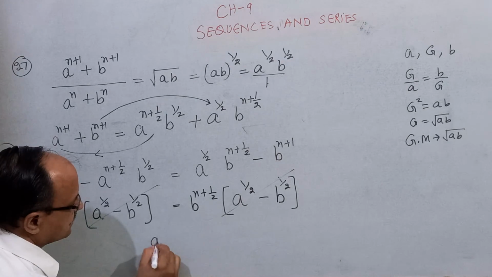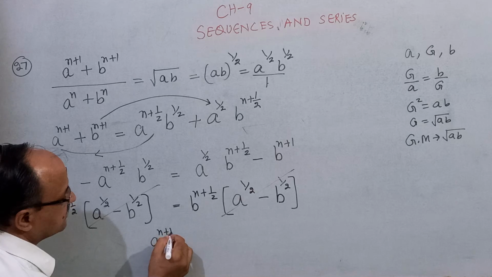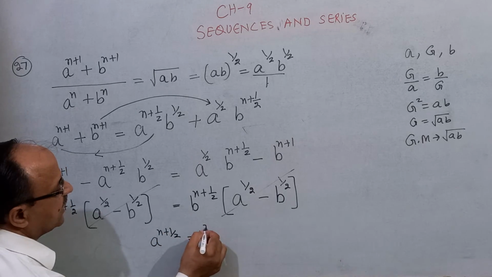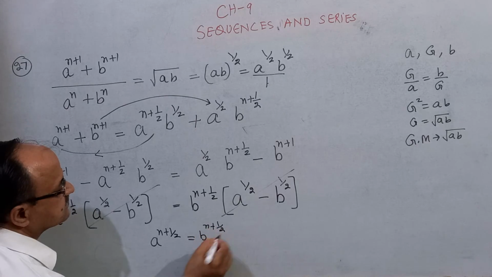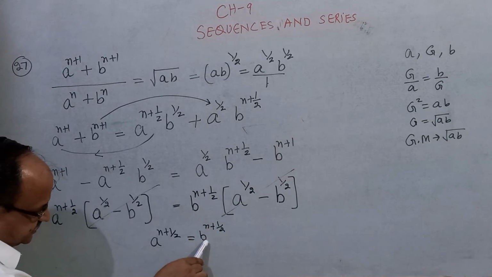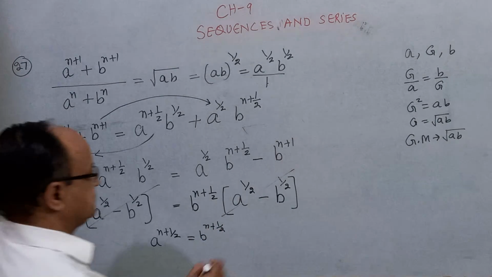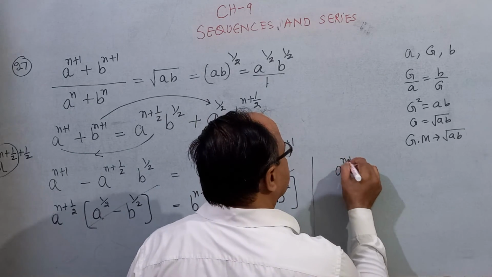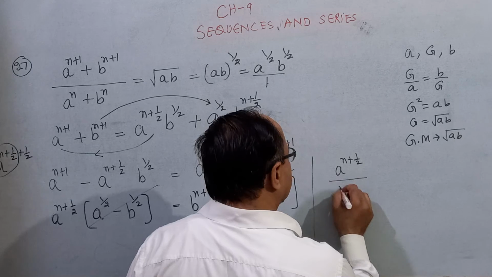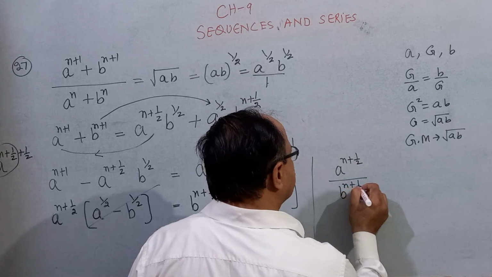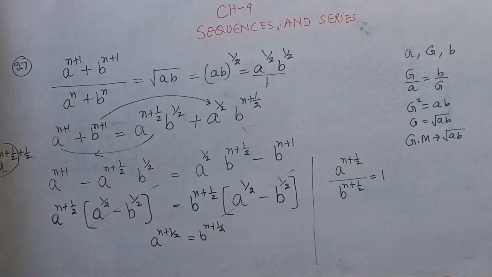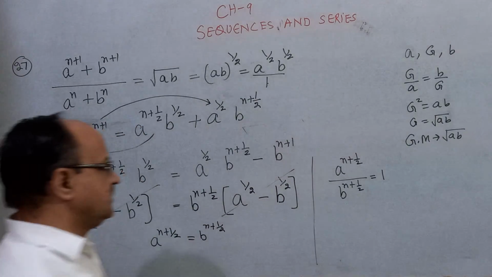Therefore, you can say a to the power n plus 1 by 2 is equal to b to the power n plus 1 by 2, and shift this term to the left hand side. Therefore a to the power n plus 1 by 2 upon b to the power n plus 1 by 2 is equal to 1.